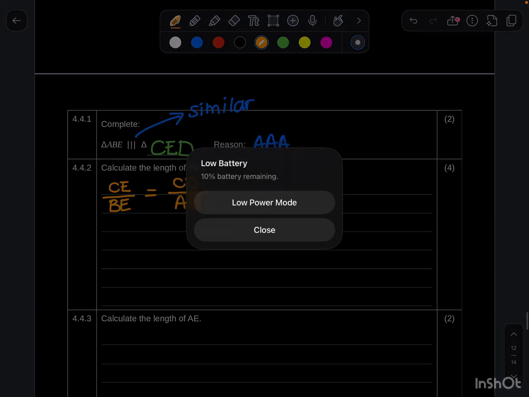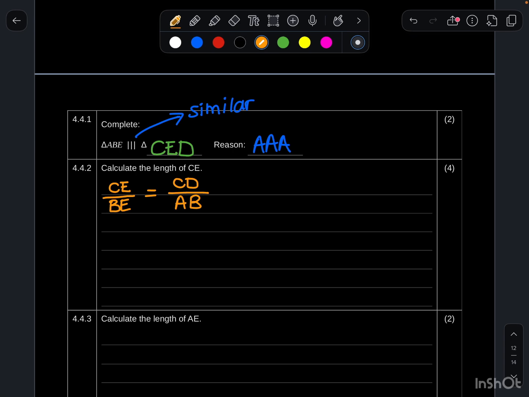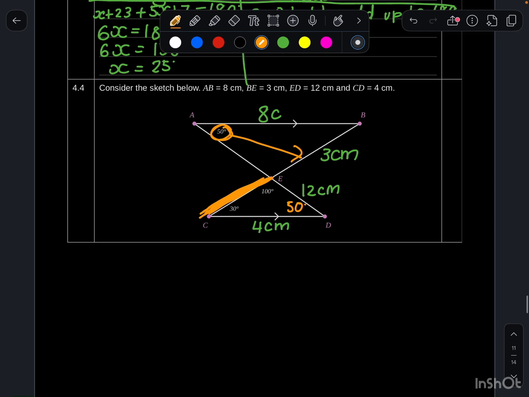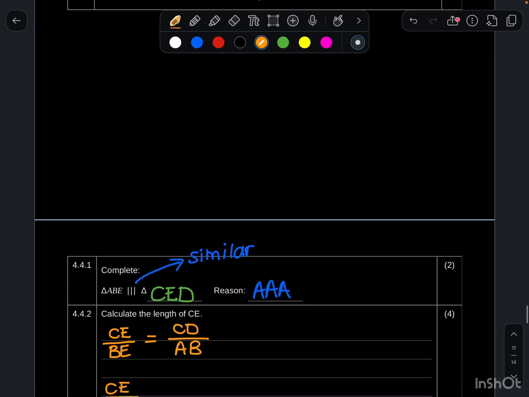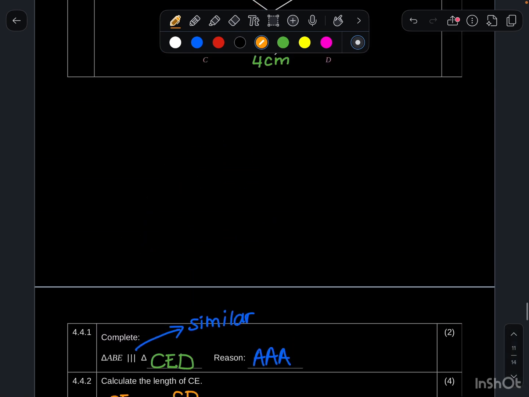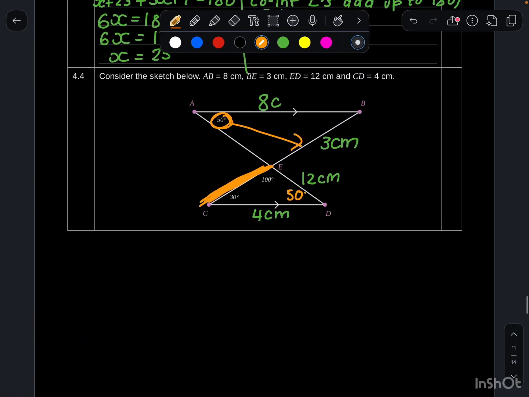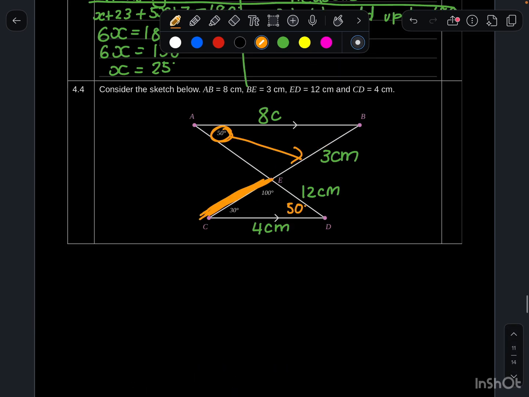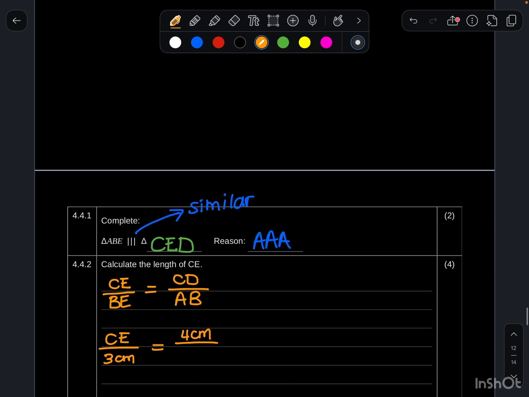Okay, then let's work it out. So CE, we are trying to figure out. BE, we are told is 3 centimeters. CD is 4 centimeters. And AB is 8 centimeters.